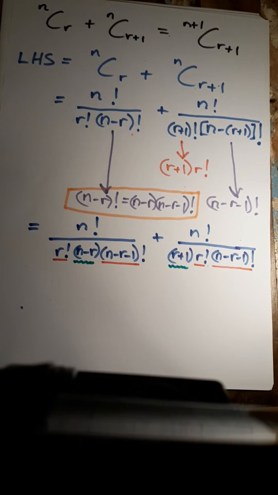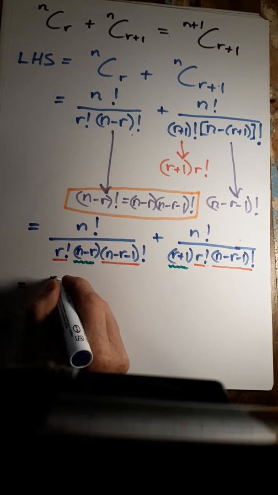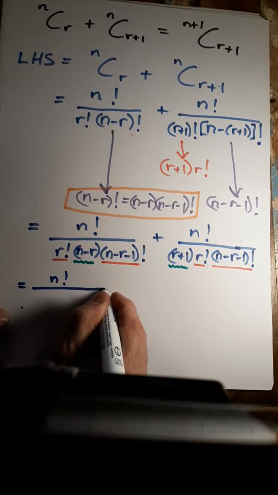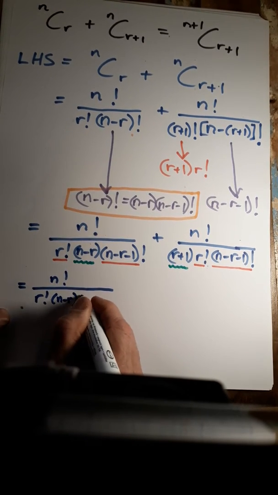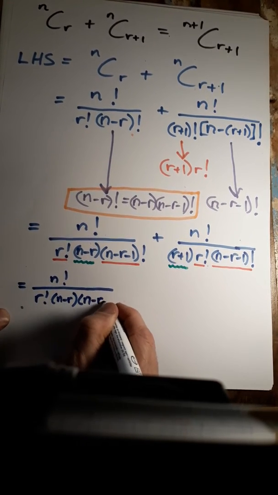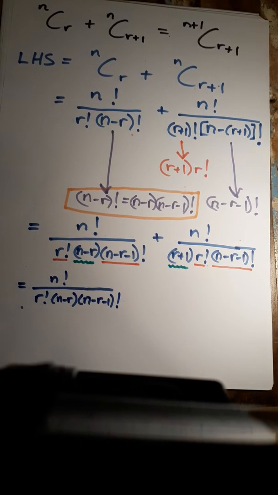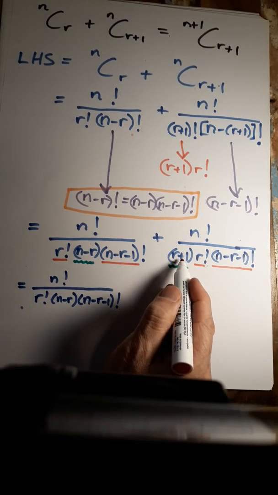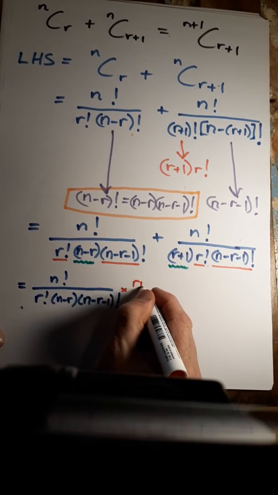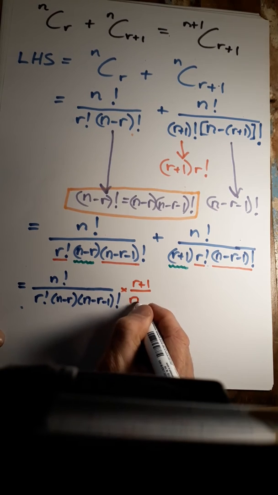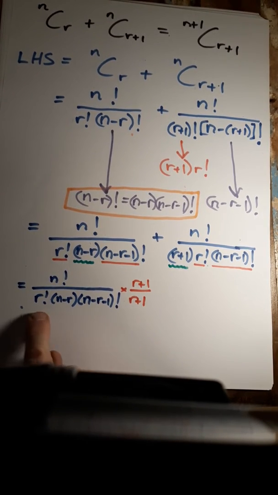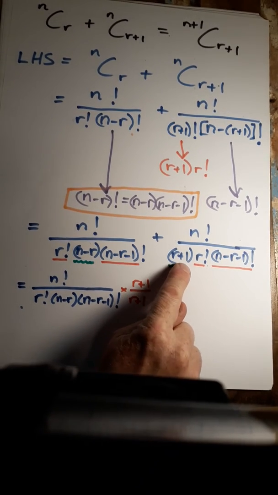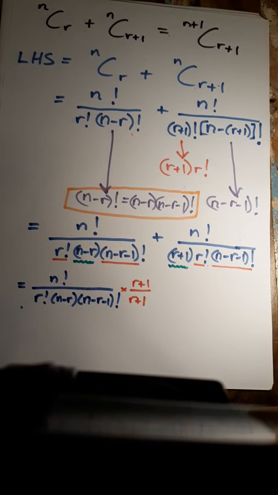So this first fraction, the n factorial on r factorial times n minus r times n minus r minus 1 factorial, we need to multiply that by this r plus 1 on r plus 1. Now this denominator will have an r plus 1 in it here, which is required because the other one does.